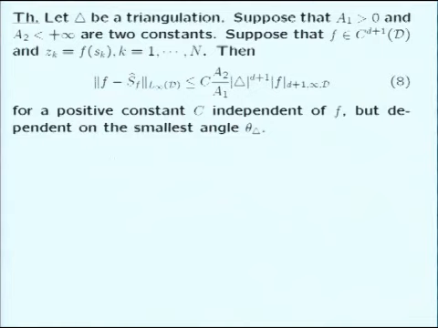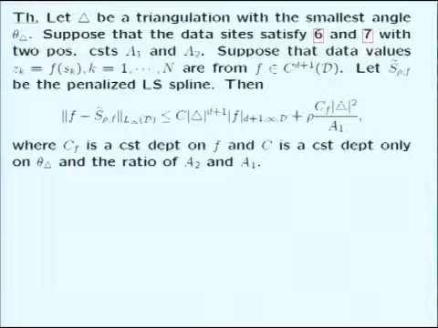So if you assume that A1 is positive and A2 is finite, then you have this nice relationship between F and this spline here in infinity norm, and it's related to the quantities A1 and A2 here, and the maximum size of the triangulation, and it depends on other quantities, the constants. If you have a penalty, it's almost the same, and here something shows up. So it's very technical, but it's the same idea.